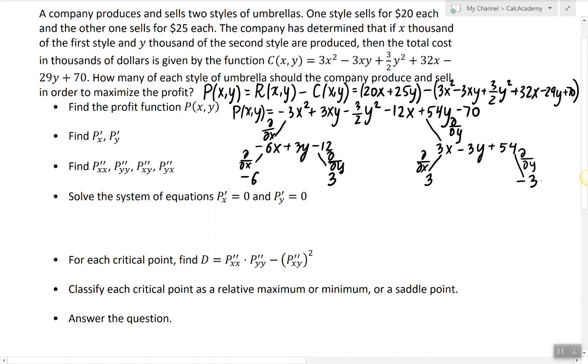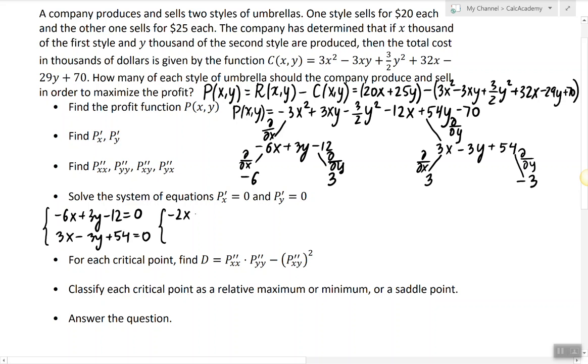Next, we take the first derivatives with respect to x and y, and we create a system of equations. So in our case, we have the following system: negative 6x plus 3y plus 12 equals 0, and 3x minus 3y plus 54 equals 0. Before we start solving it, we can reduce everything by 3.